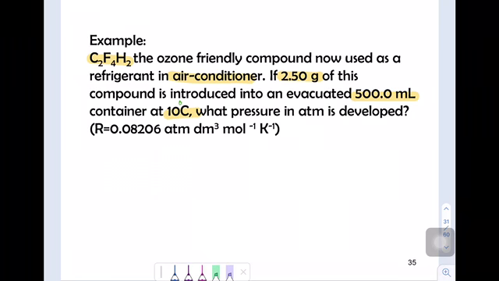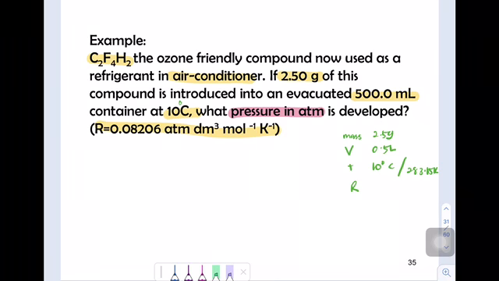Let's look at the information that we have. We have mass 2.5 gram, volume 0.5 liter, temperature 10 degrees C or 283.15 K. Then the R is given here. The question wants us to calculate the pressure in atm.